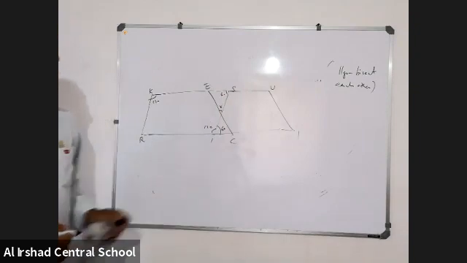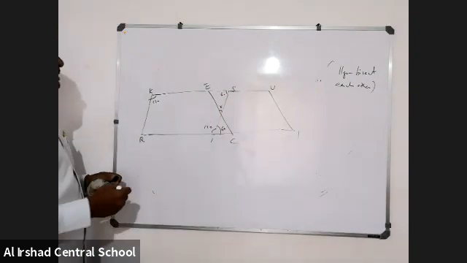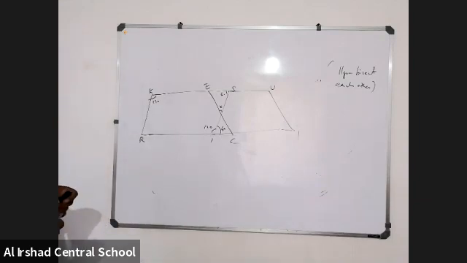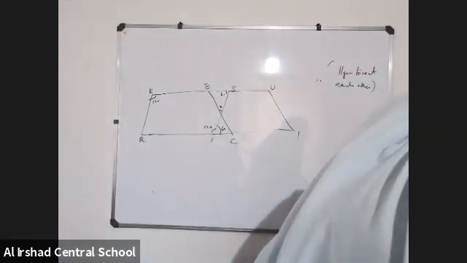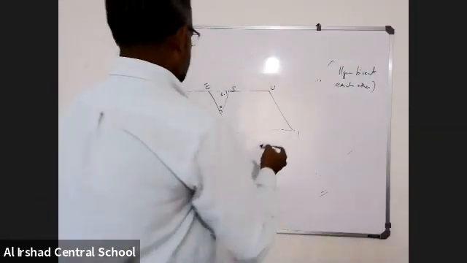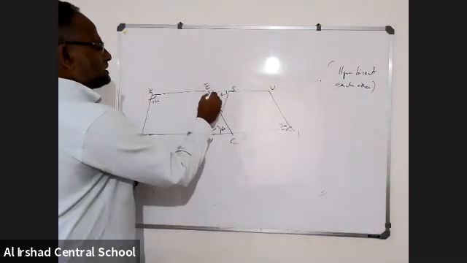Parallel lines, this is the transversal. Then any other thing given? This 70 is given. If this is 70, this is 70.